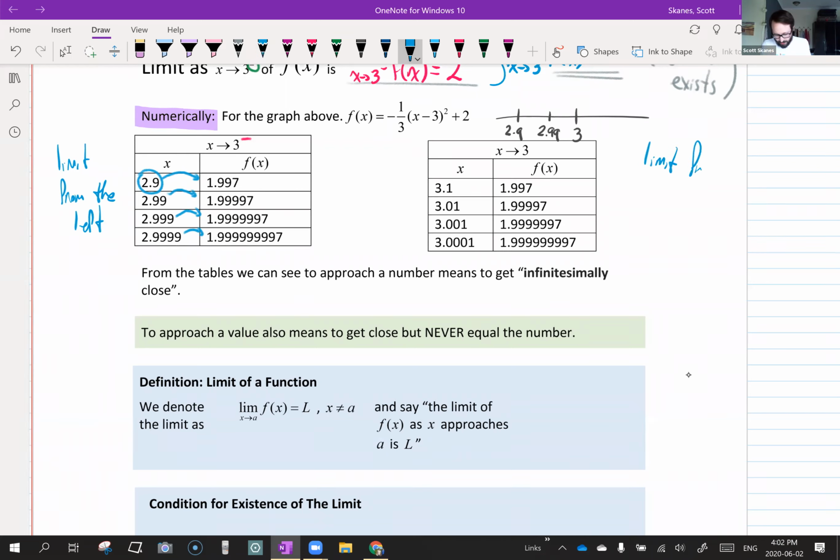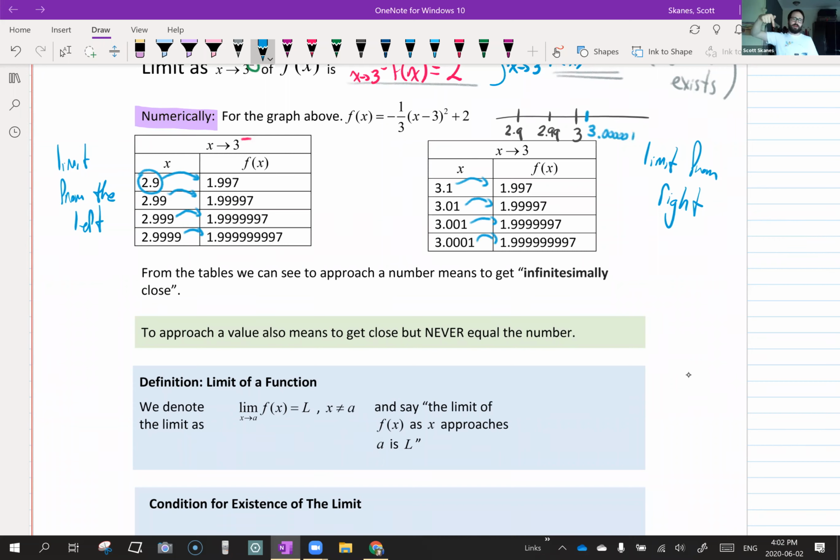What's the limit from the right? So we have to stand on the right side. We always get closer to the number, but we actually never get equal to the number. When we play the same game here, we put in numbers that are closer and closer to 3, but from the right side. We get as close as we possibly can, 0.0000001.